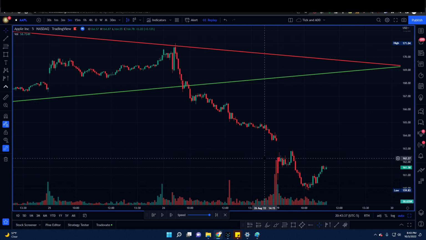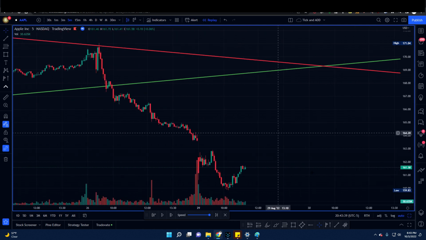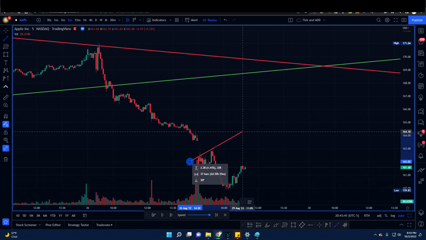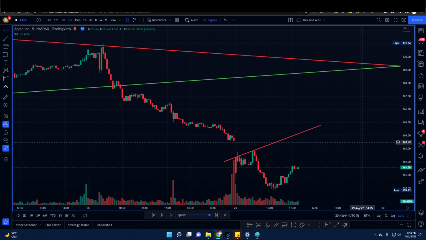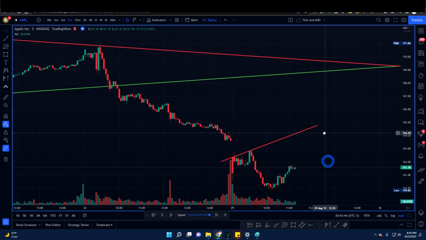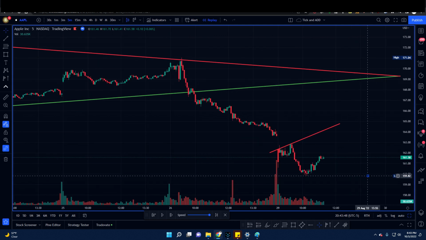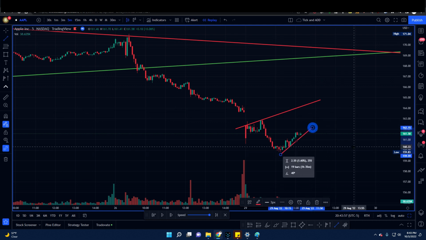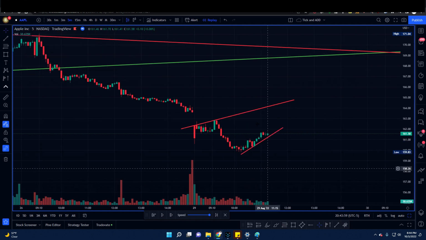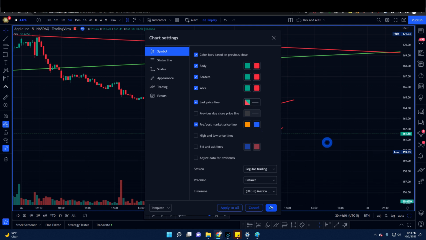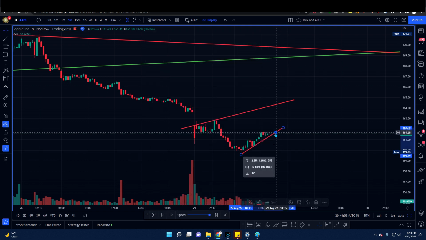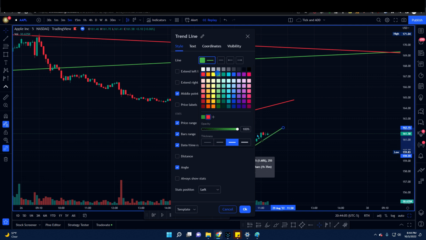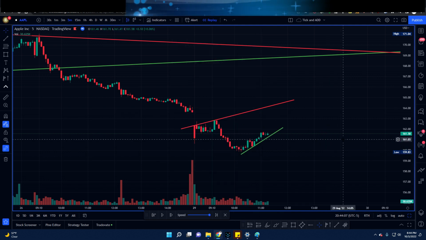Not really. Looks like you might have something here, but it's sloping up and it's red. I don't like that. Then we have one, maybe one here that we can put on. And we can put a green one on here. So we expect buying to occur at this trend line. We expect selling at this trend line.